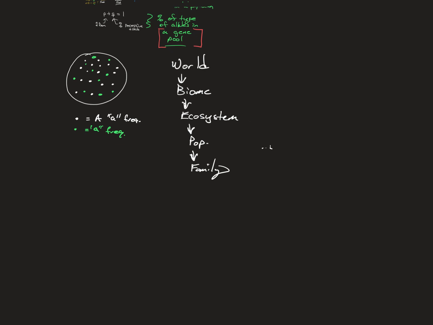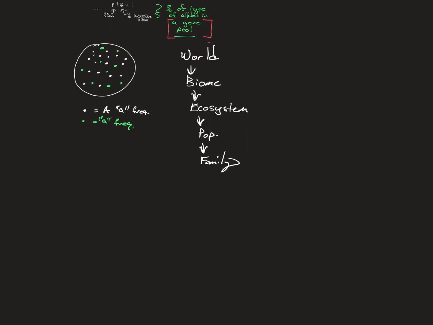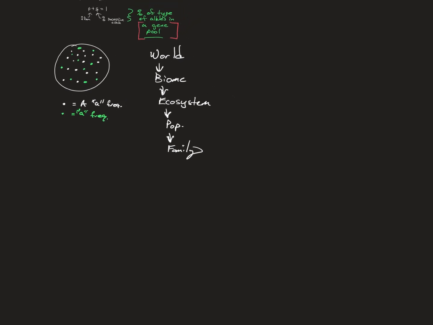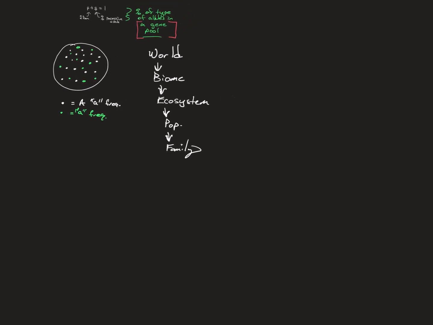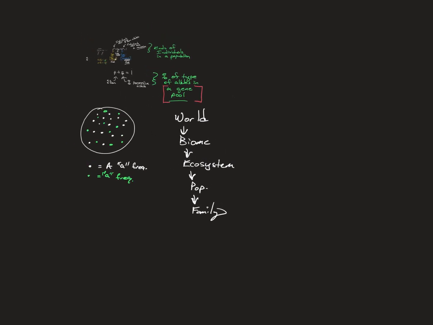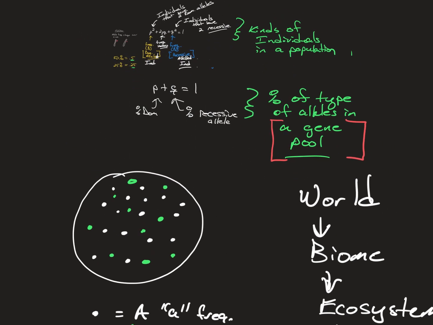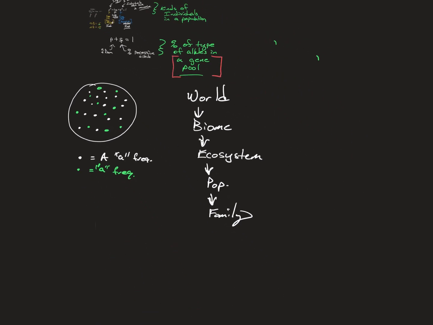So when we use these equations, we're asking ourselves, what is the frequency of various genes, and what do we expect to get? We expect, if there's no evolution, that these two always add up to 1, or as close to 1 as possible.